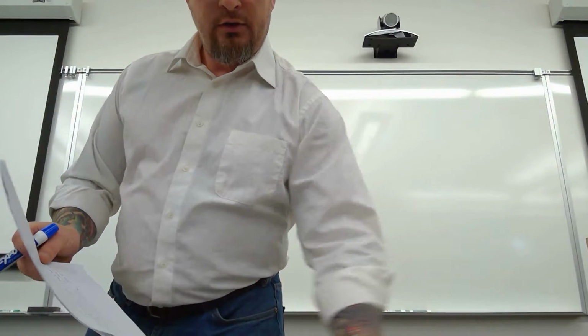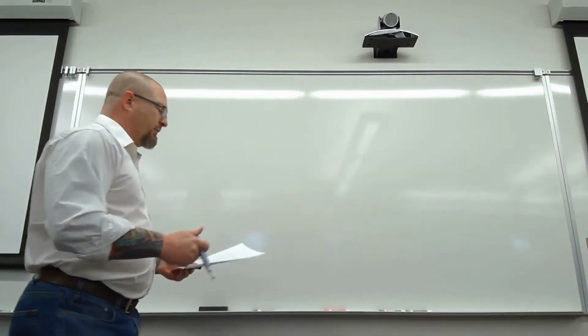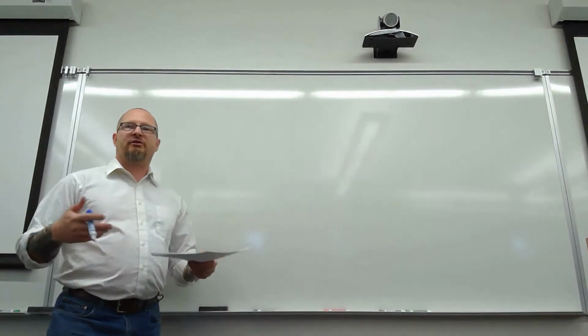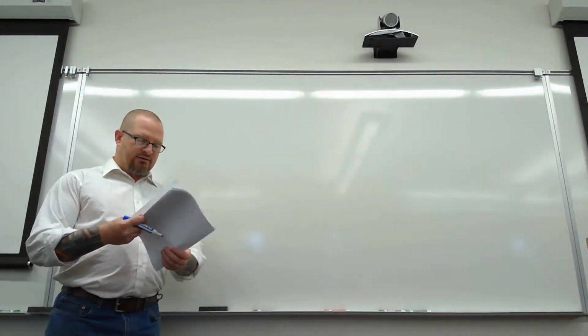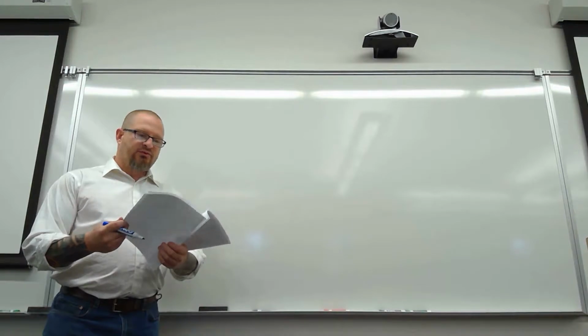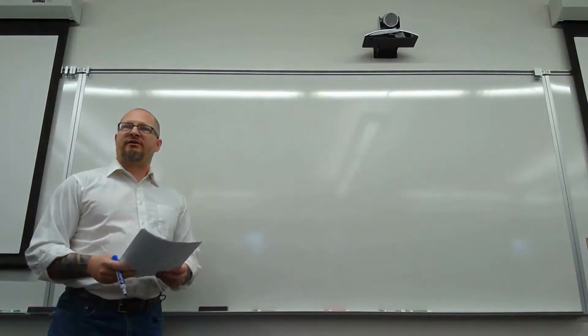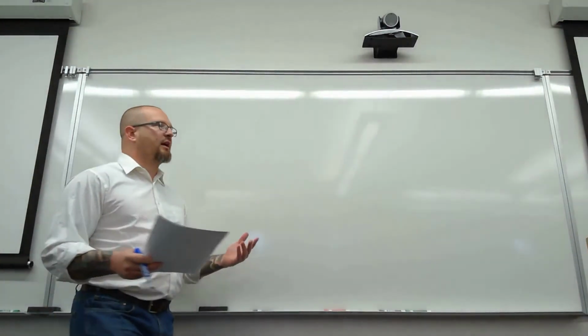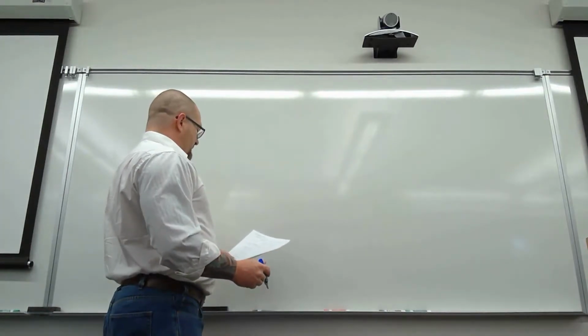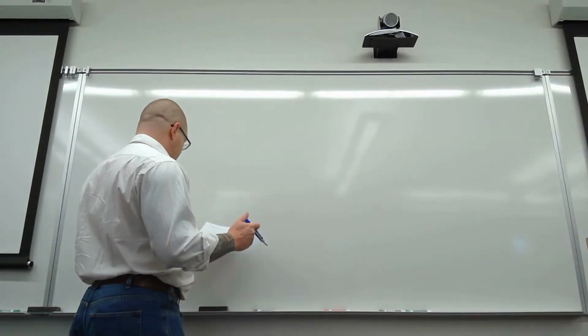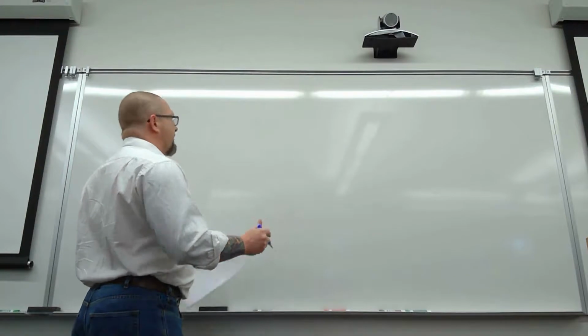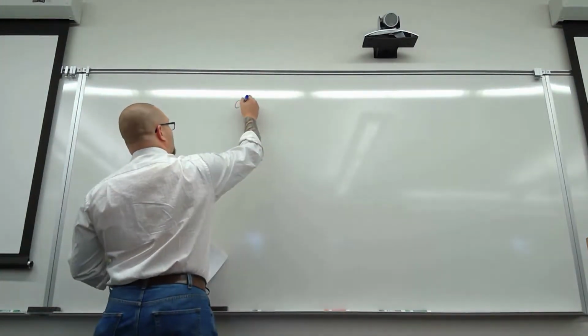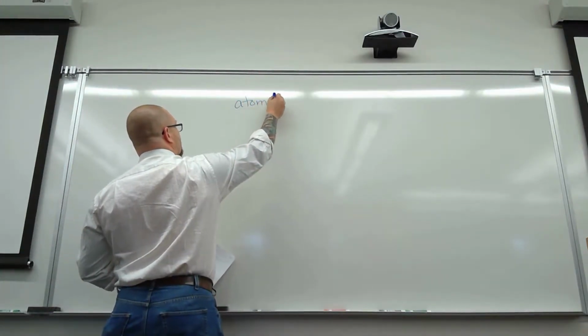Okay, so we're going to start reviewing atomic orbitals. And then we're going to get into a little molecular orbital theory, a little hybridization, and I have a feeling we're going to be starting Chapter 2 in acids and bases before the end of class. So last class we talked about atomic orbitals a little bit.